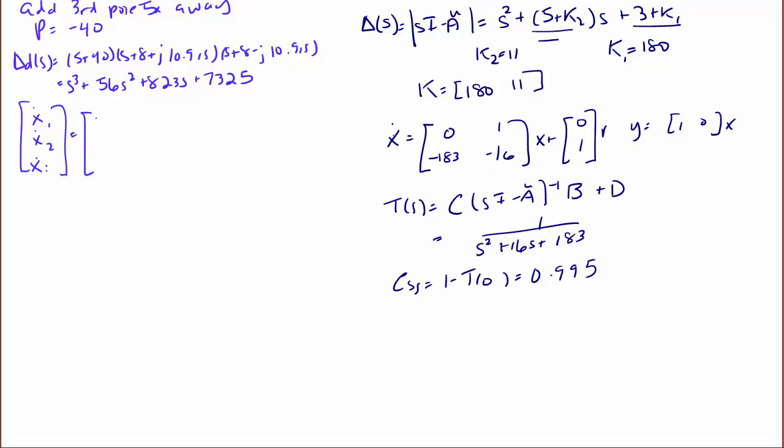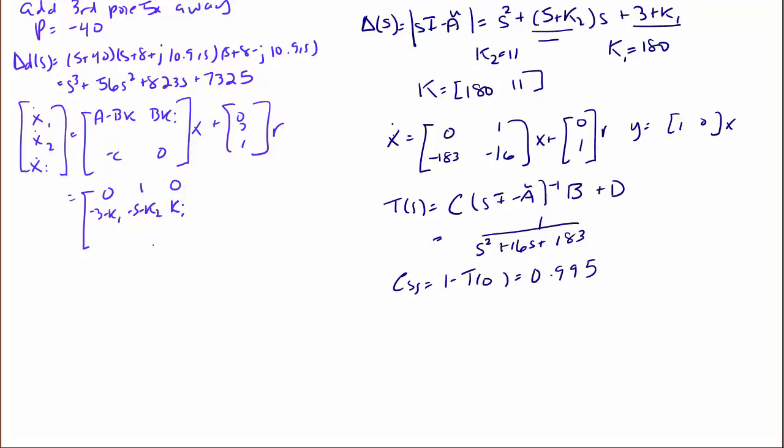That's equal to [A - BK, BK_I; -C, 0] times x plus [0, 0, 1]R, which equals [0, 1, 0; -3 - K1, -5 - K2, K_I; -1, 0, 0] times x plus [0, 0, 1]R, and y is equal to [C, 0]x or [1, 0, 0]x.